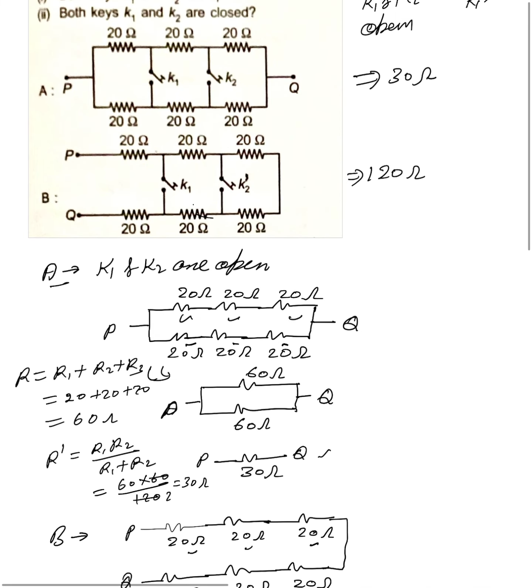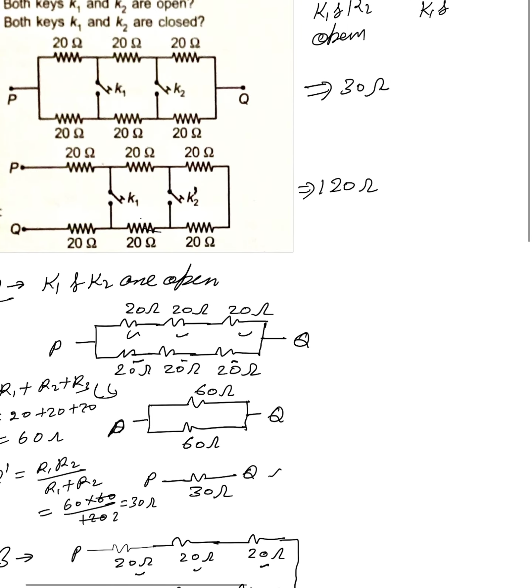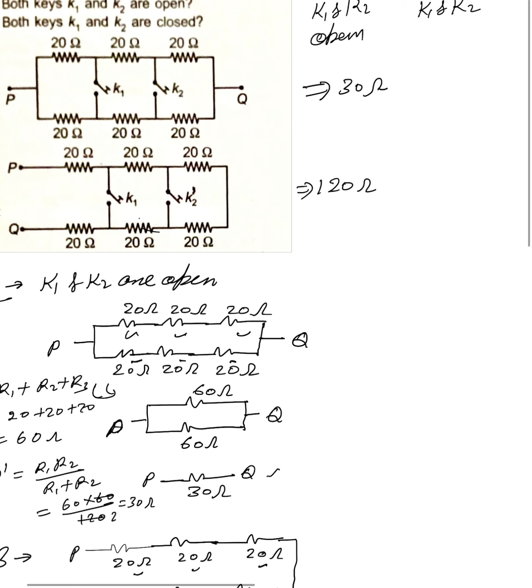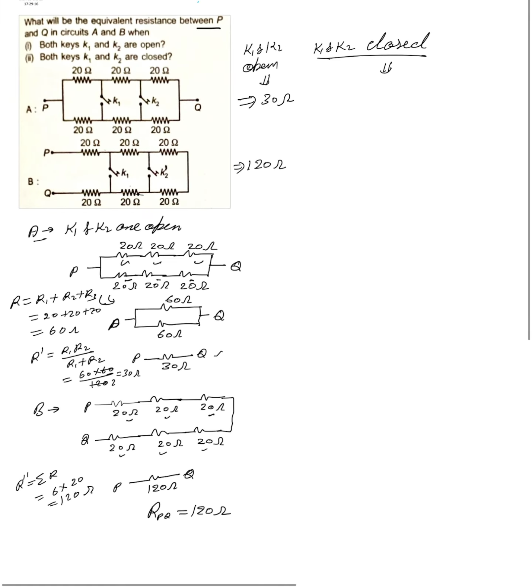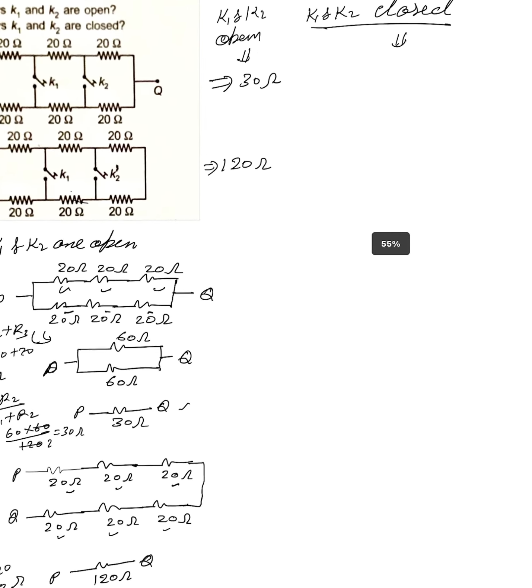Now we focus on the case when K1 and K2 are closed. So K1, K2 are closed. Clear or not? So what about the answer? Now make the circuit.